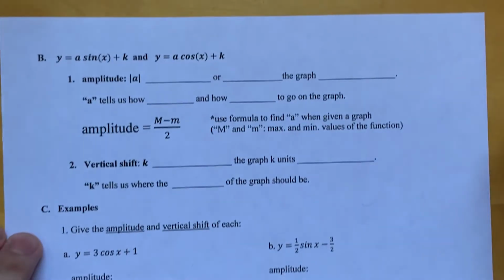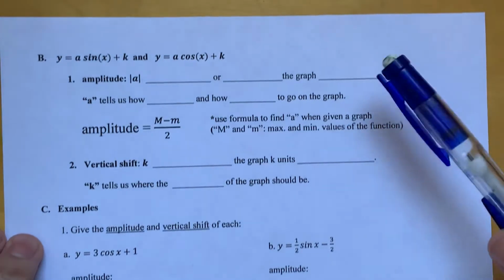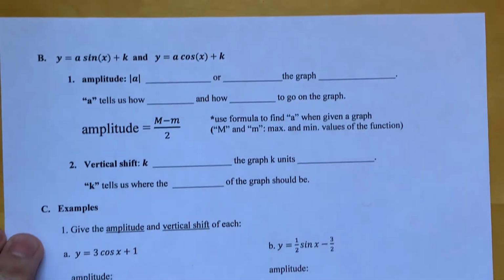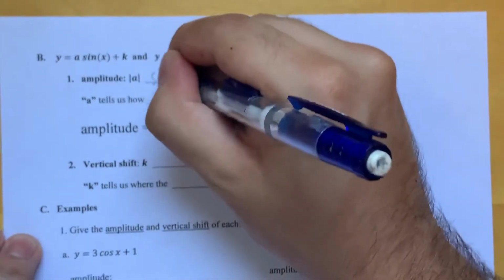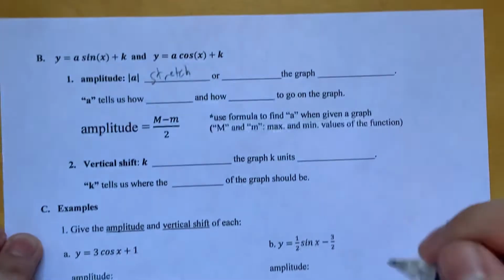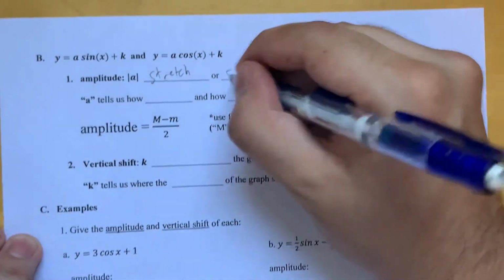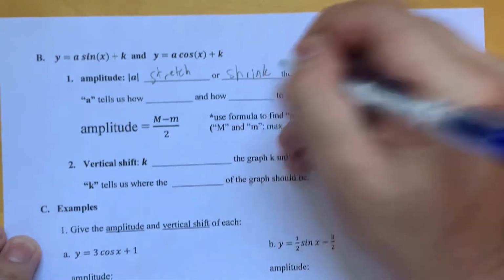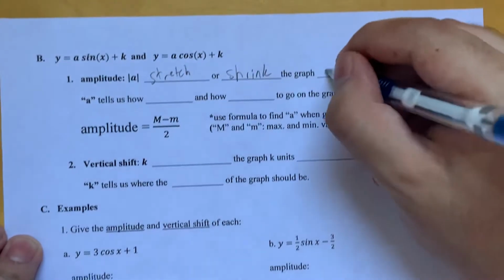Okay, so let's do this. Now we're introducing A and K. So what is A? The absolute value of A will either stretch or shrink the graph vertically.